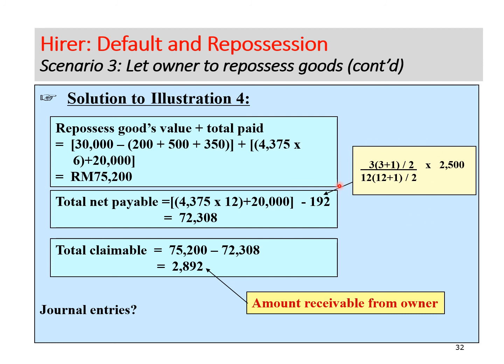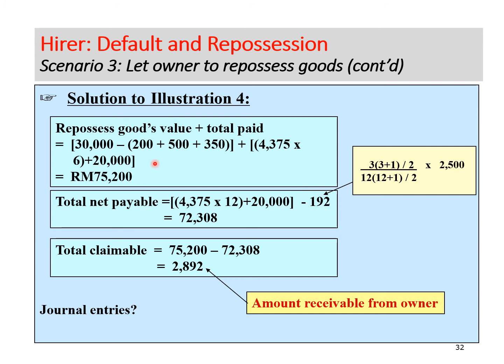If you calculate the statutory rebate using the sum of the years' digits formula for October until December, you take 3 times (3 plus 1) divided by 2, over 12 times 13 divided by 2, then times 2,500. You will get the statutory rebate of 192.